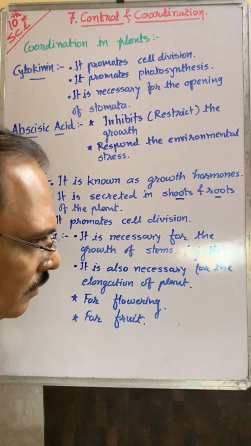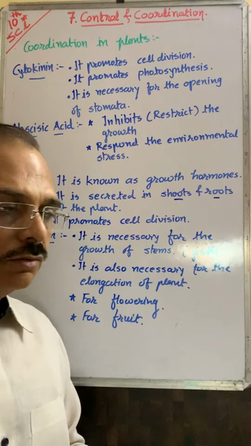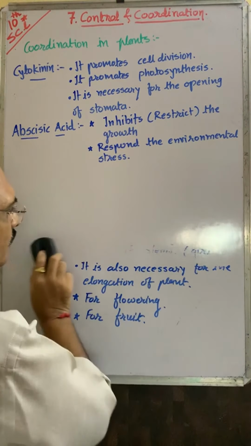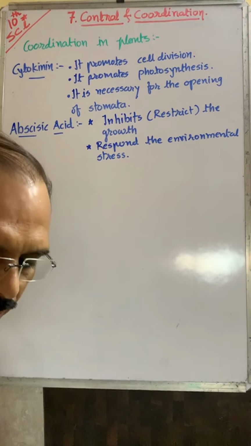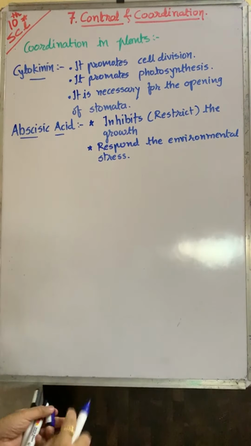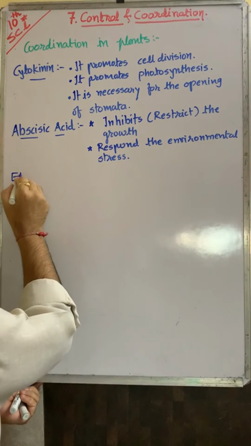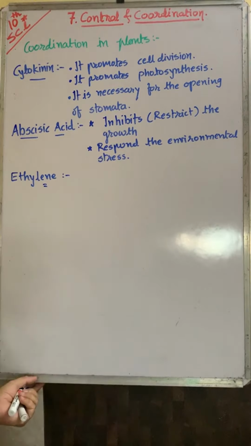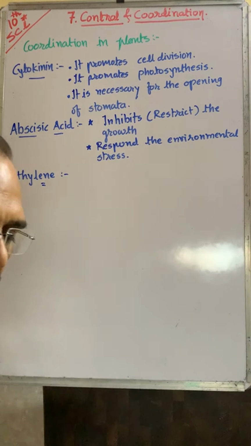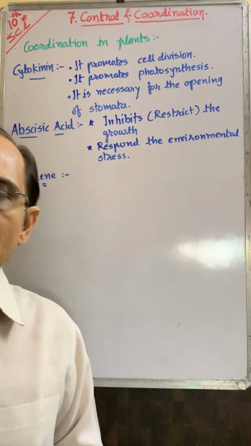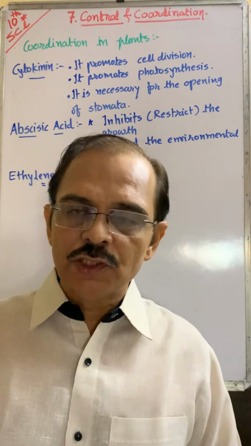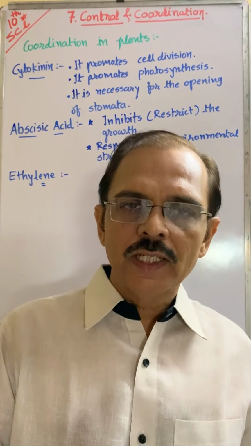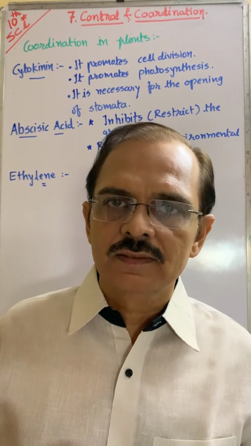The last one, which is not given in your textbook, but you must write it. It is ethylene. Natural ethylene in the plant is very well known. Nowadays, artificial ethylenes are also available, which is sprayed over the fruits, just like mango or any other fruit, so that it becomes ripe very fast.